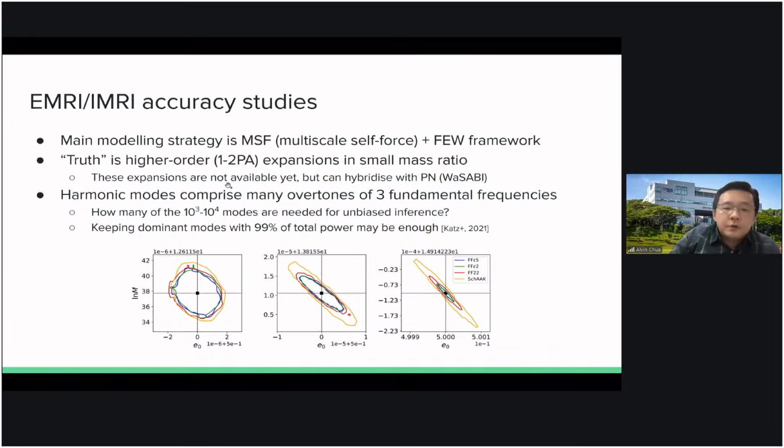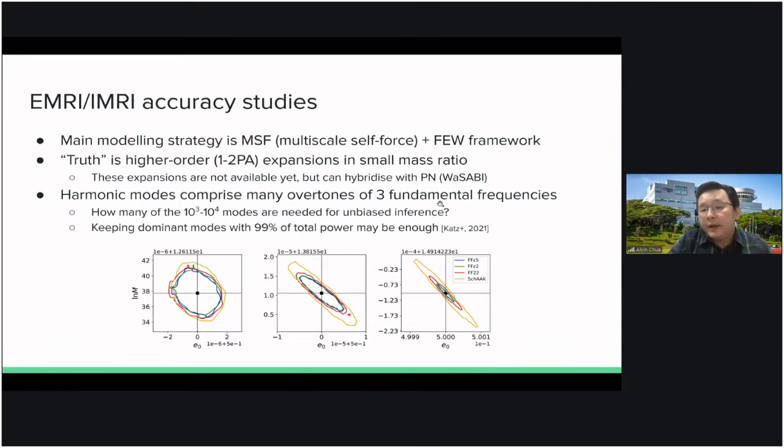One main difference between MREs and IMREs, or rather this type of modeling approach versus the modeling approaches for MPHs, is that there's a decomposition not just in terms of the angular spherical harmonics, but also in terms of the frequency overtones.